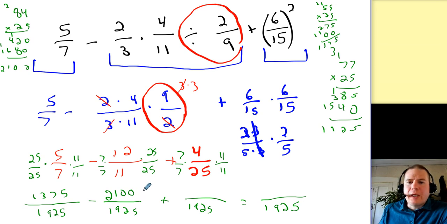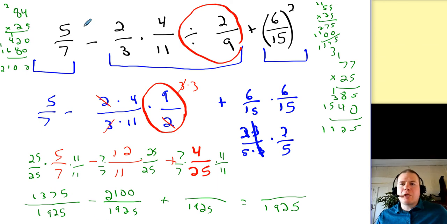All right, now, another thing to point out here. This whole black problem is simplified into this whole blue problem, which is simplified into this whole red problem, which is simplified into this whole green problem. When I say problem, I mean expression. Right? I'm working my way down my page with each new version of the expression.